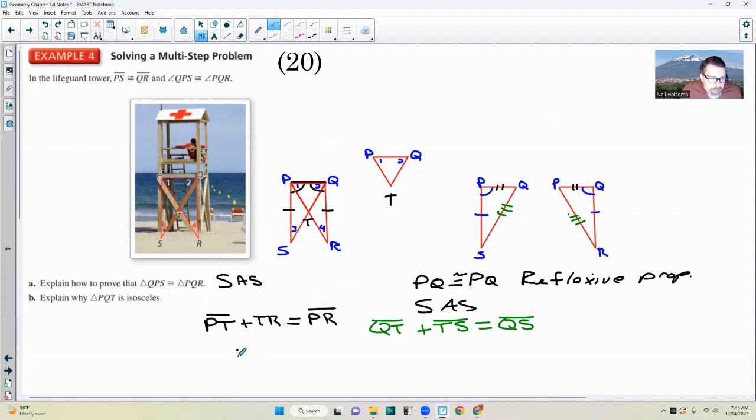So then I can say that PT plus TR equals QT plus TS, because PR is equal to QS, I can set these two equal by the transitive property.